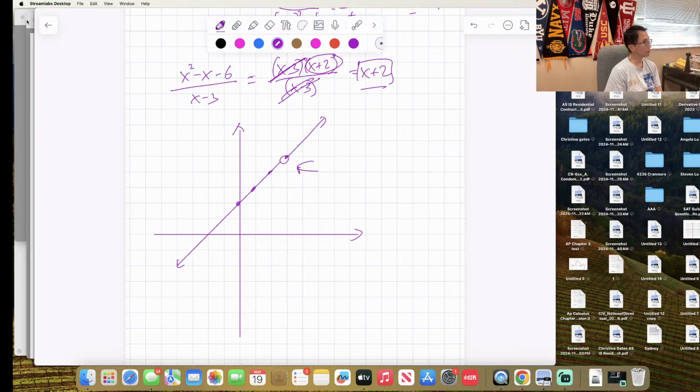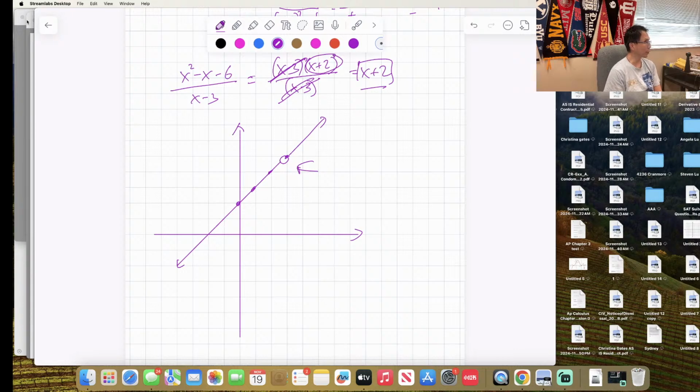That means you're not going to do any of the extra work, because your new function is x plus 2. The vertical asymptote is zero? There is no vertical asymptote because it cancels out.